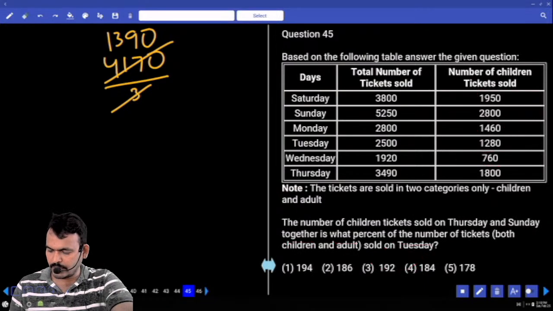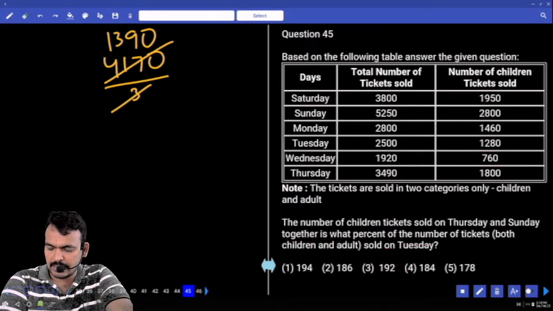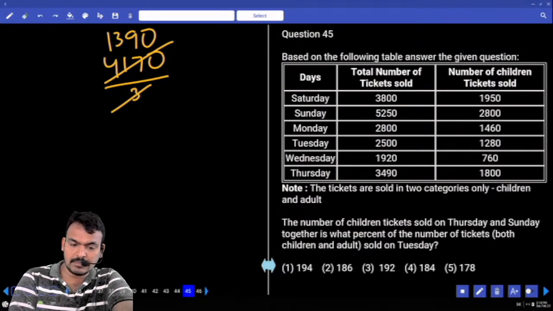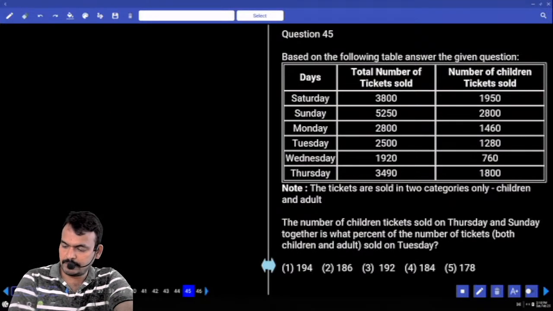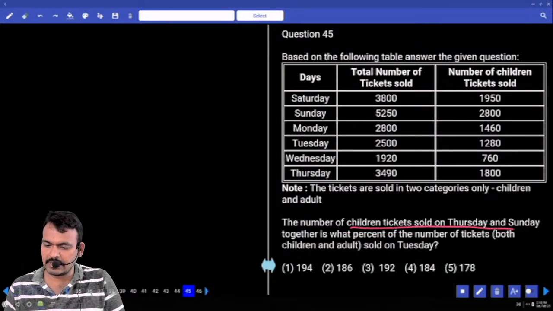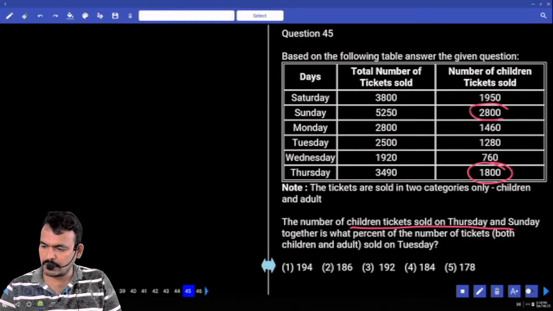Next, question number 45. The number of children tickets sold on Thursday and Sunday together is what percent of the number of tickets of both children and adults sold on Tuesday? First, children tickets on Thursday is 1800. Sunday 2800.